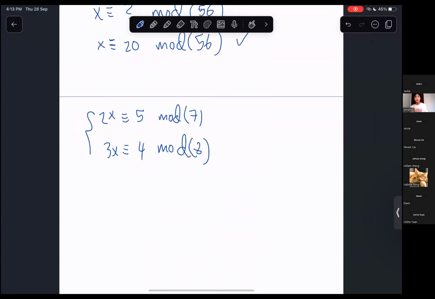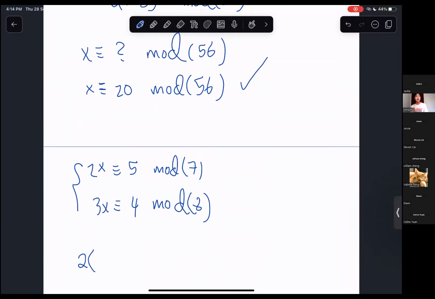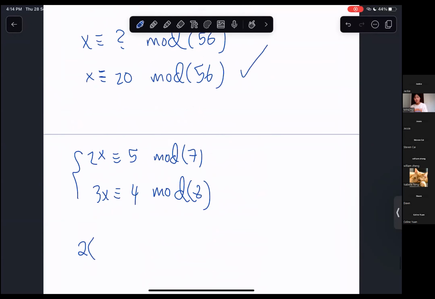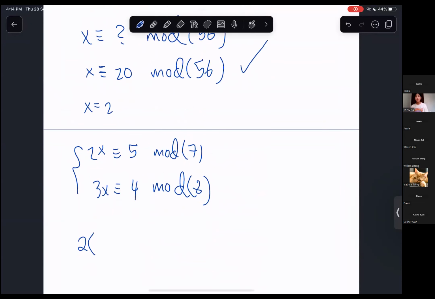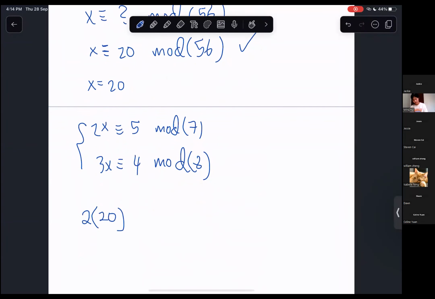Okay, what would we get for that? So let's say we just substituted. All we know is that x is congruent to 20 mod 56, so this means that x could possibly be equal to 20, right? So 20 should theoretically satisfy our conditions. So let's see if that is true.